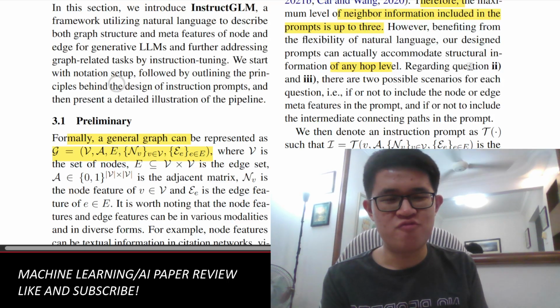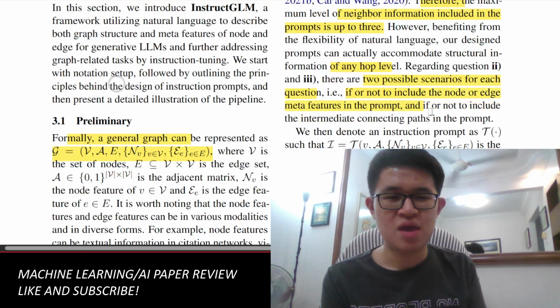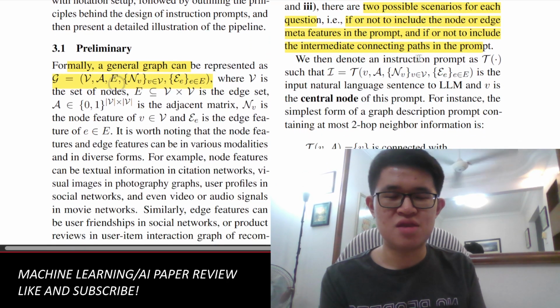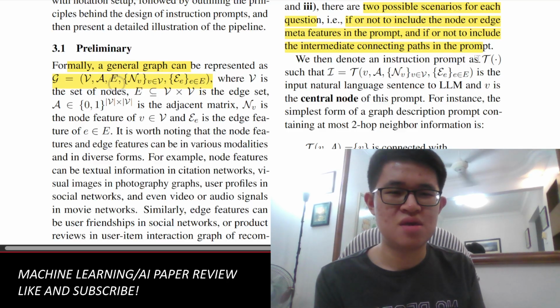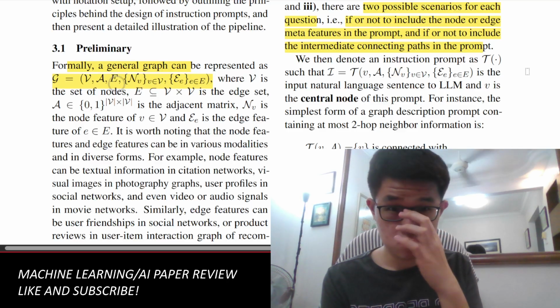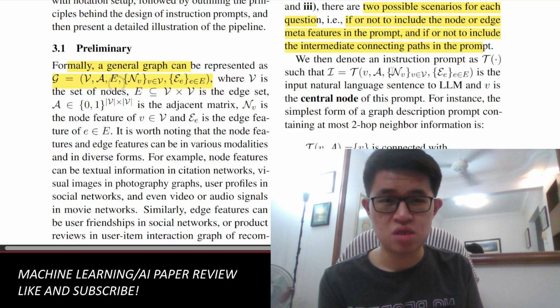Regarding question 2 and 3, there are two possible scenarios. For example, whether or not to include the node or edge features in the prompt, and whether or not to include the intermediate connecting paths in the prompt. We denote an instruction prompt as T, such that I equals T applied to the input.